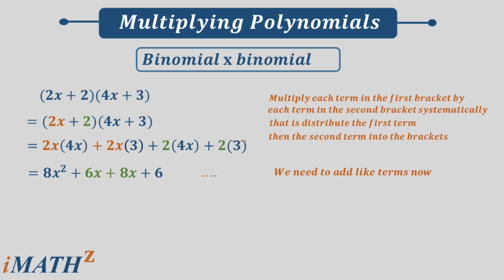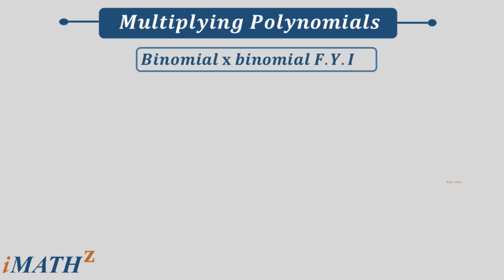Since there are no other like terms to take into consideration, the polynomial simplifies to 8x squared plus 14x plus 6.